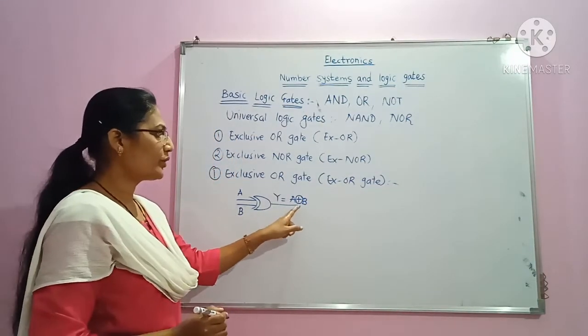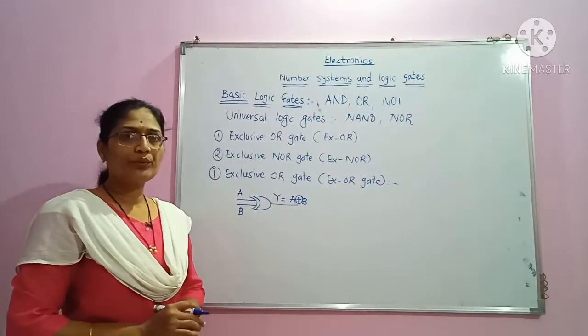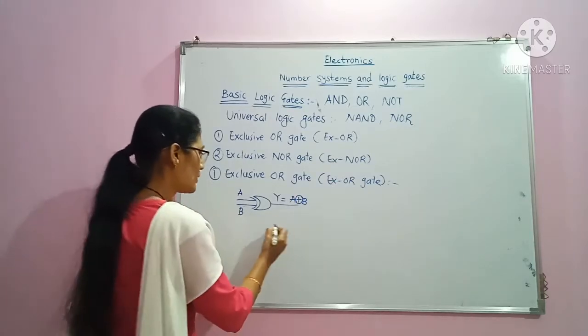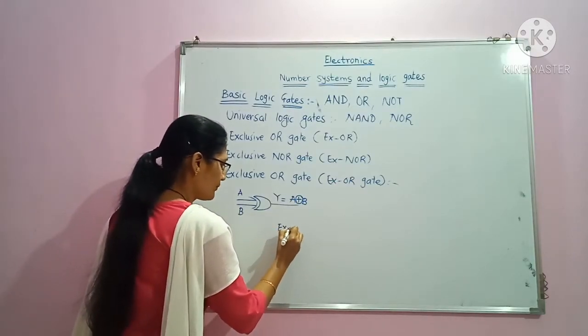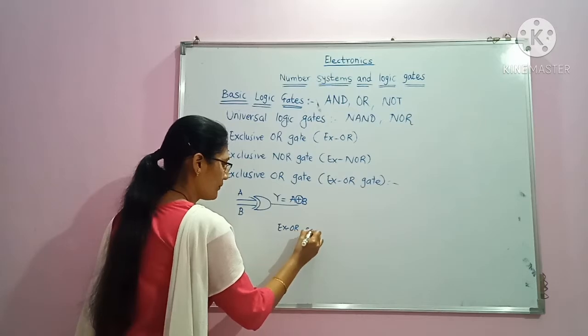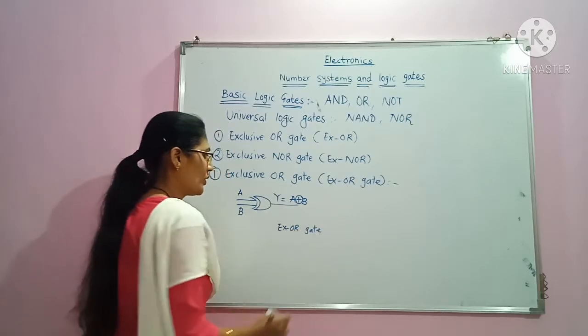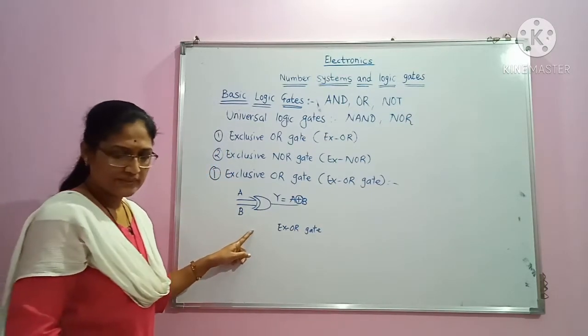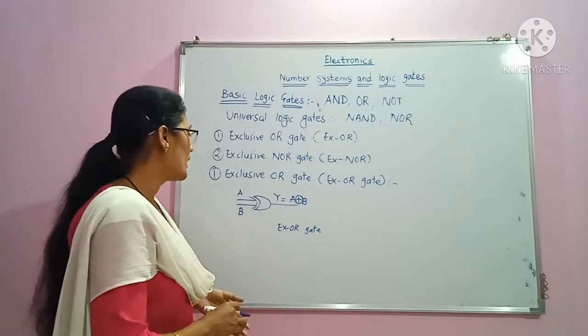So a circle around the plus sign is going to represent our XOR gate.